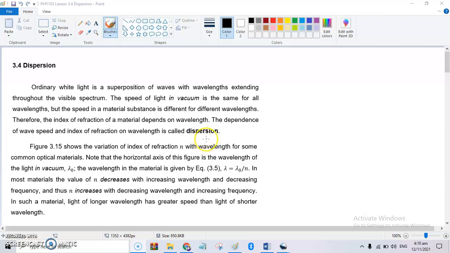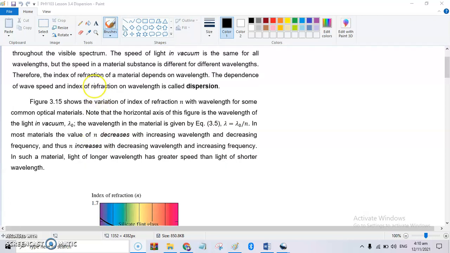Dispersion is a relationship of wavelength and index of refraction. Figure 3.15 shows the variation of index of refraction n with wavelength for some common optical materials. Note that the horizontal axis of this figure is the wavelength of the light in vacuum, lambda 0.